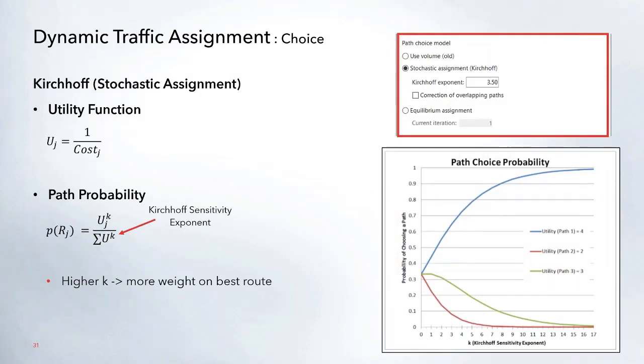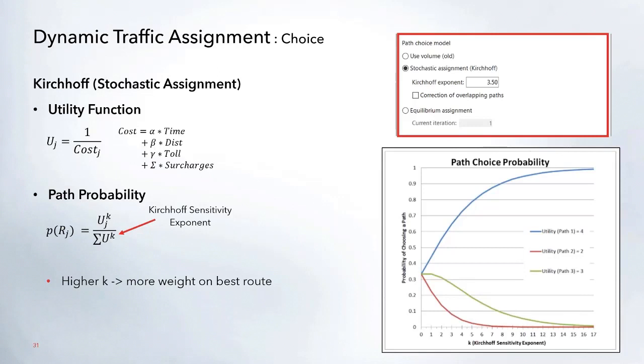All right, and then moving on to the 2 different assignment methods. The first one is the stochastic assignment, or Kirchhoff. This is going to use a utility function, which is going to be the inverse of the cost. If you recall from a few slides ago, here's that cost function.